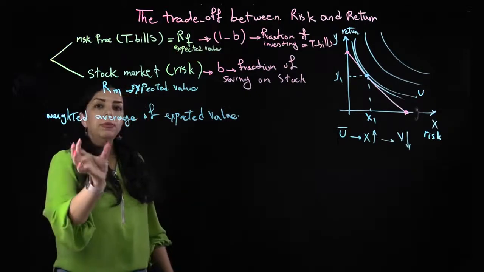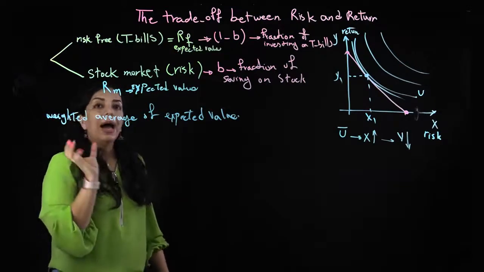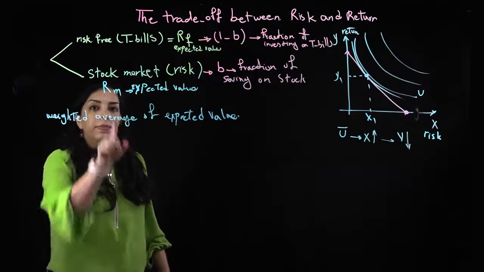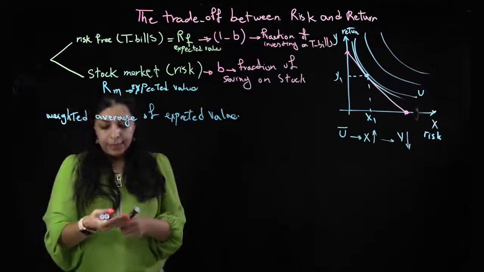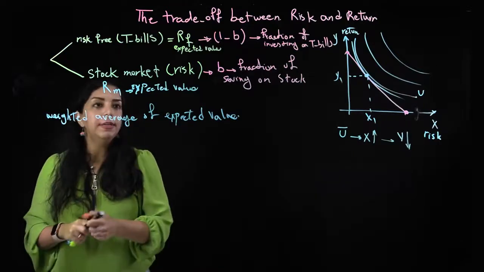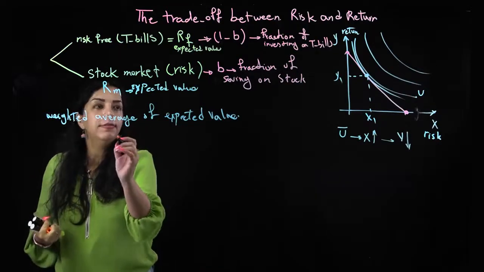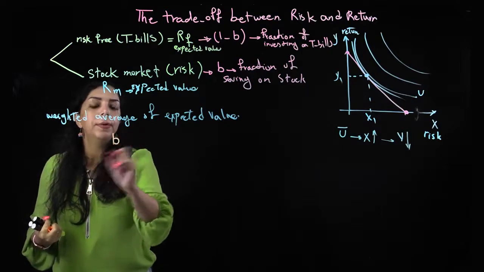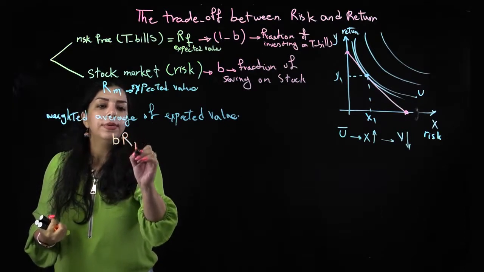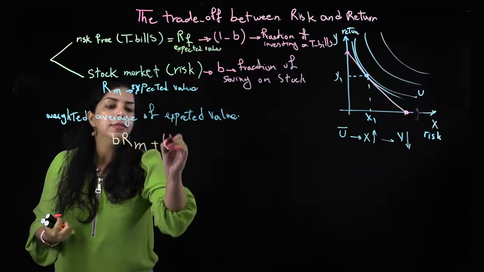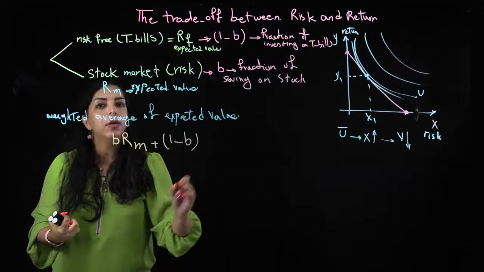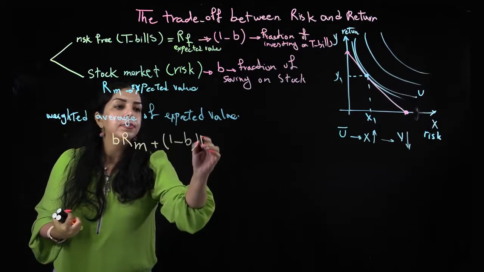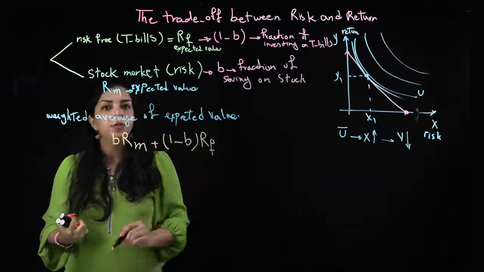So once we want to know the average of the return on assets, we have to calculate the weighted average. So how much will be the weighted average? For example, B multiplied by the return on stock, plus the fraction that we spend on treasury bills multiplied by the return on treasury bills.